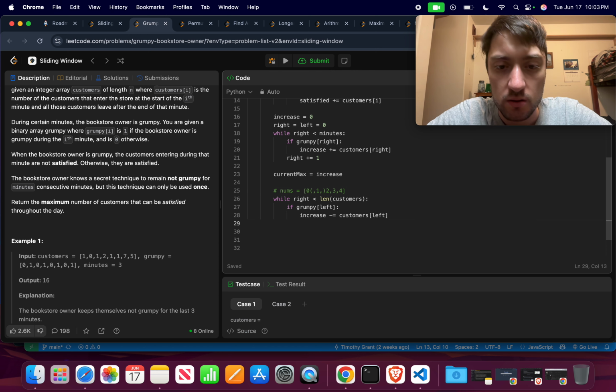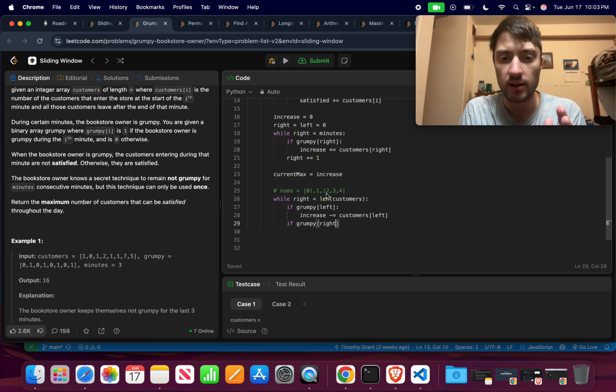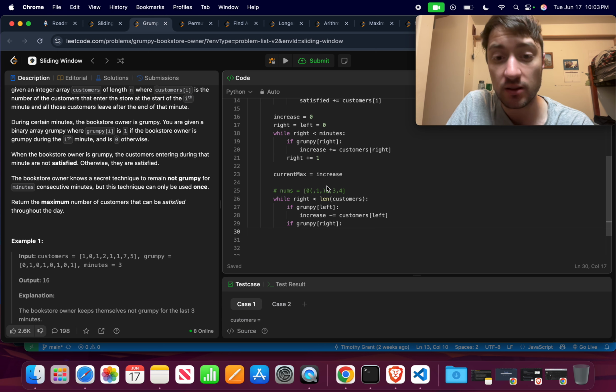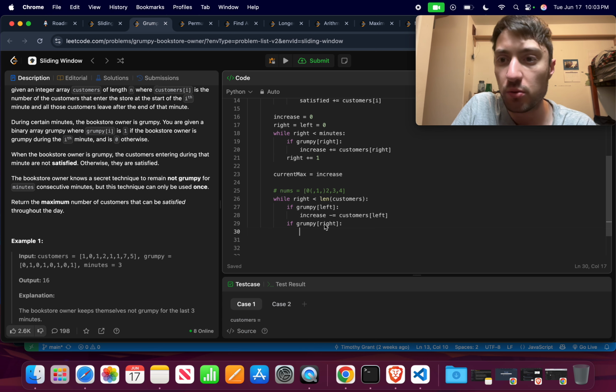So now, if grumpy of right, I want to add this element. My goodness, I really like this method that I created yesterday of doing it this way. So if grumpy of right, which right is currently at this index, but I haven't added it to my context. So do I do right plus 1? Do I do right minus 1? Well, look at it. It's right there.